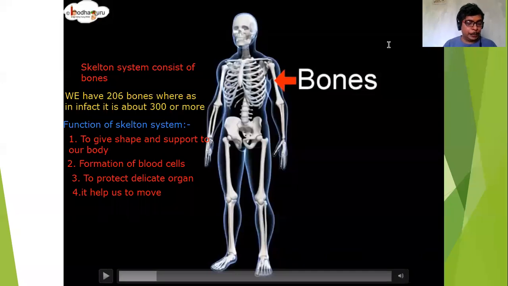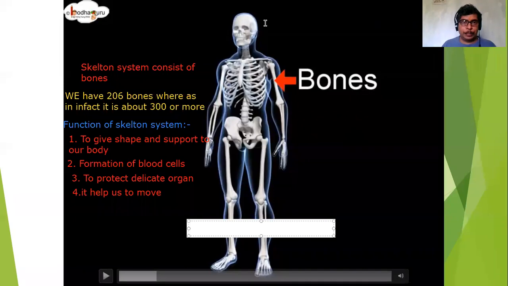I hope it is clear to you. These were the four functions of the skeleton system, and the number of bones in an infant is about 300, whereas in an adult it is 206. Now let's proceed.